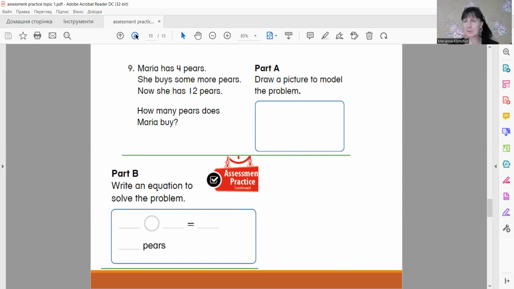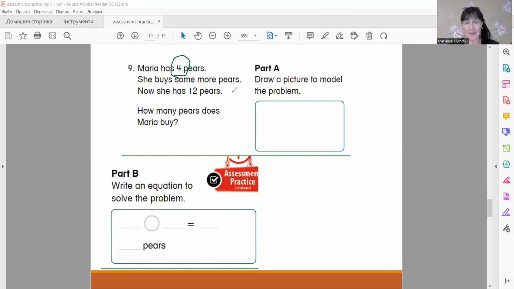Okay, next. Word story. Don't be afraid of word stories. Again, we are paying attention to the numbers and the keywords. So the story is that Maria has 4 pairs.